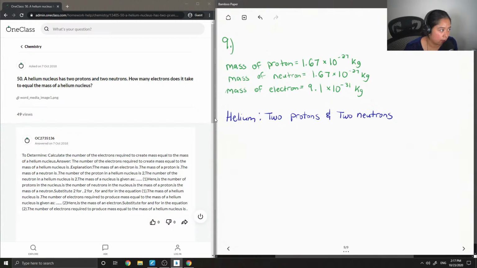So let's calculate the mass of a helium nucleus. I'm just gonna write mass of helium nucleus, and then I'm just going to take our different masses of protons and neutrons and then multiply it by 2.